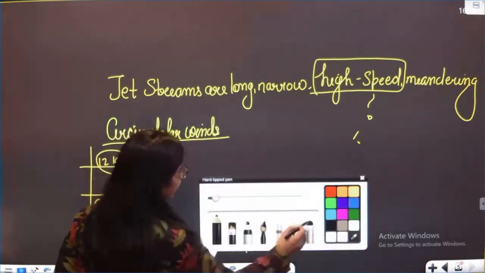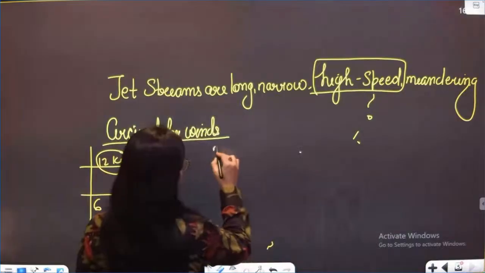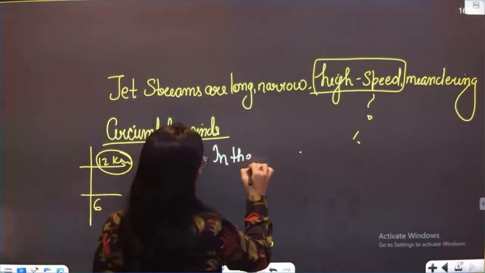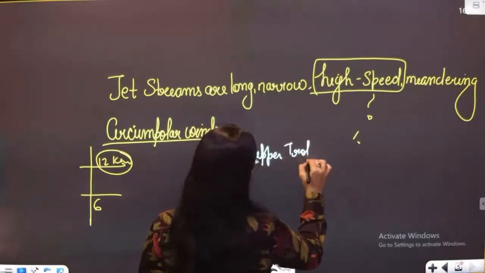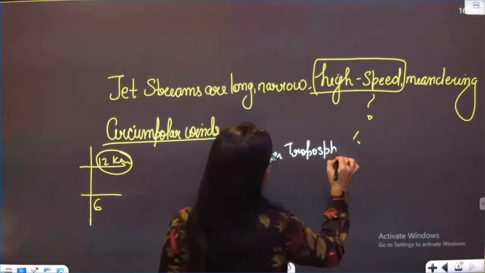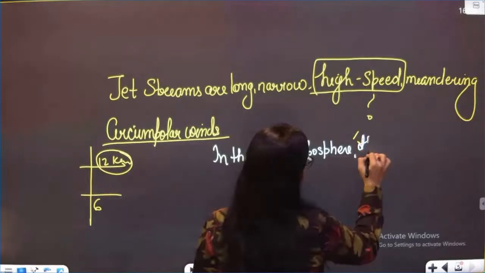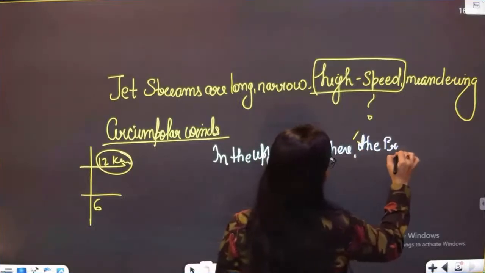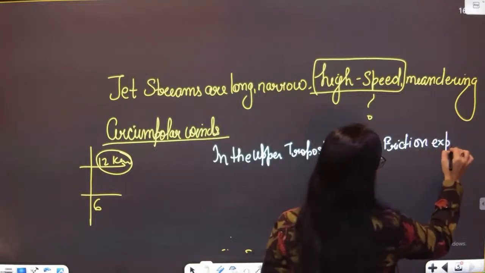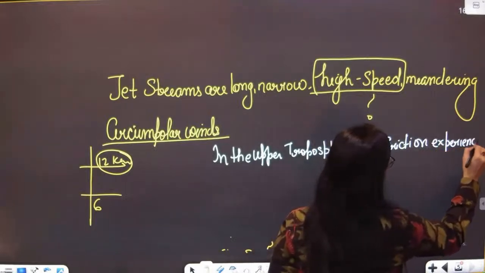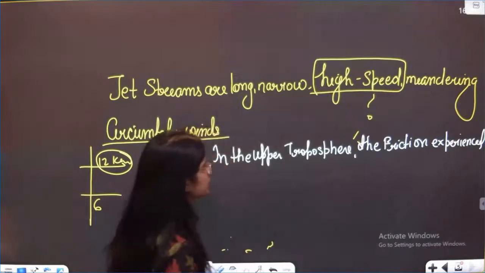See, in the upper troposphere, what happens? The friction experienced by winds is quite minimal.